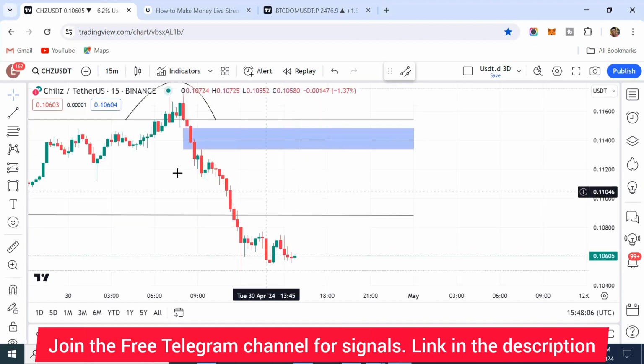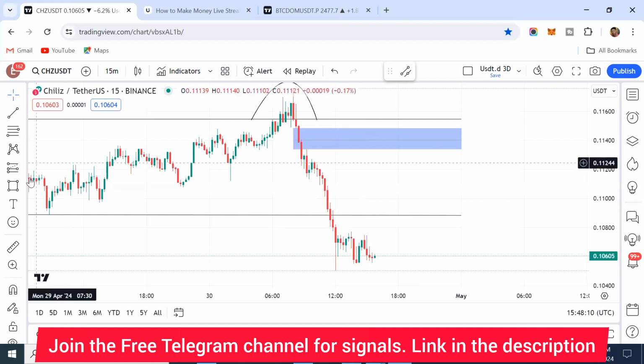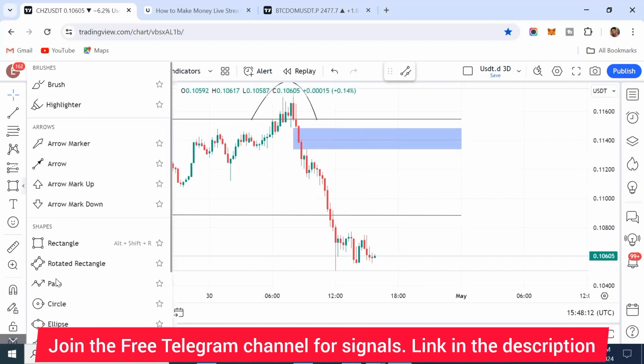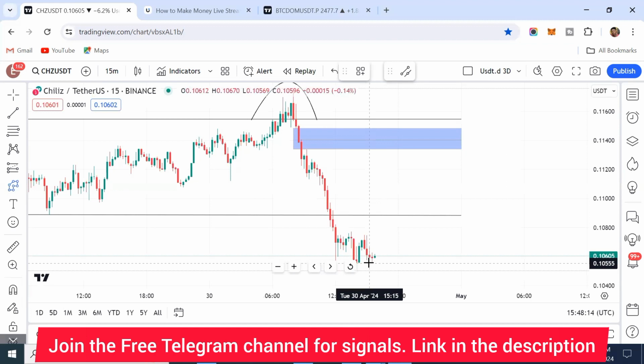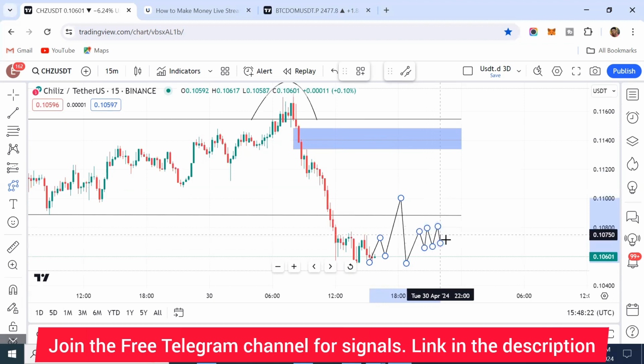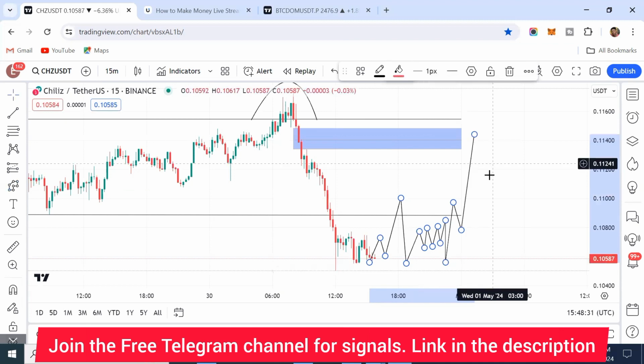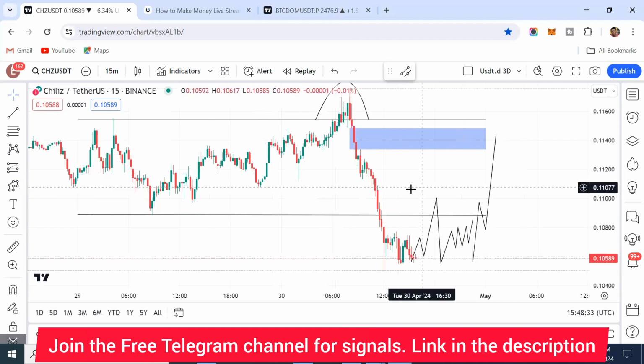So I'll be taking a short signal from here, taking a short trade from here, and anticipating that price will do something like this: go up, come back, sweep again, maybe rally, sweep liquidity back to this zone, break of structure, then comes back to mitigate this area.